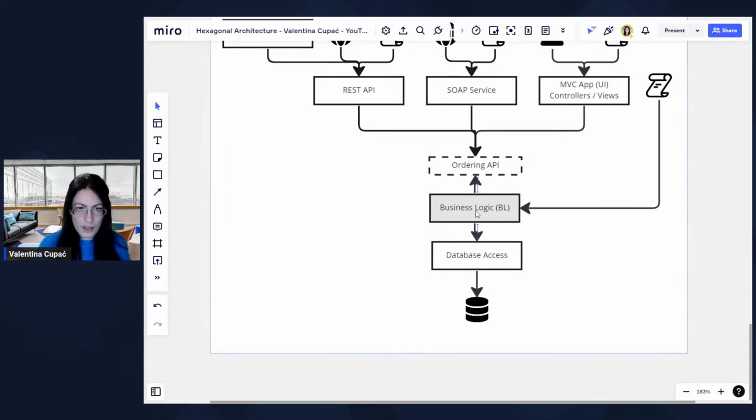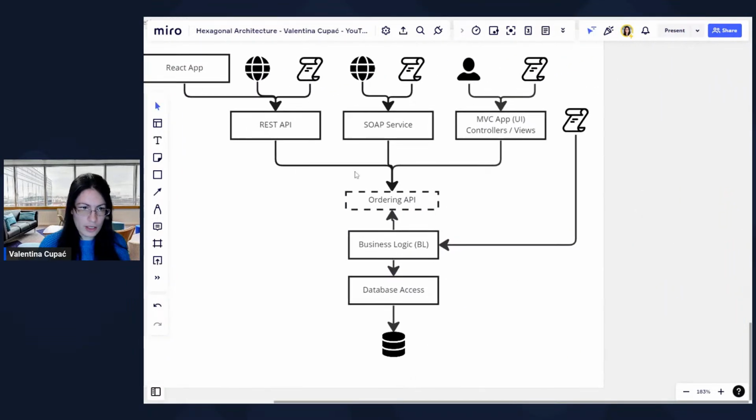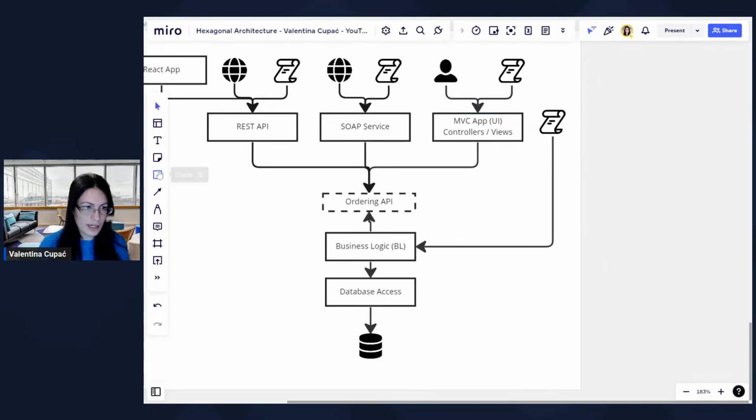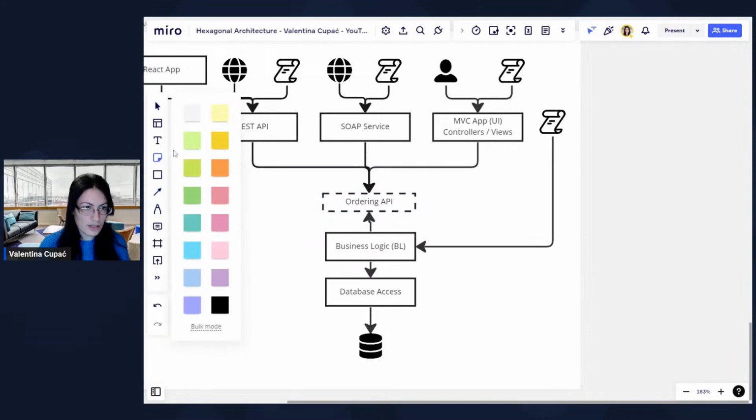Okay. The point here is that the presentation here can no longer access anything from business logic. They are restricted to what is provided by this interface.